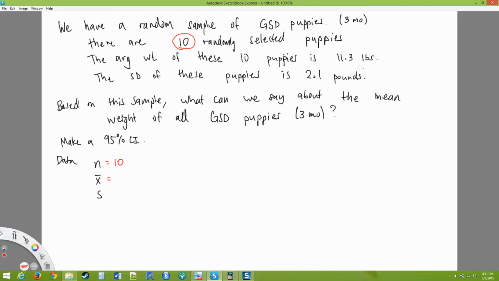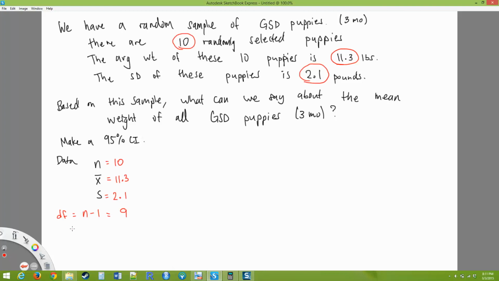The average weight of our sample is 11.3. Standard deviation, 2.1. Okay. All right, so based on that, what is our degrees of freedom? Degrees of freedom, n minus 1, so we have 9 degrees of freedom. Okay?